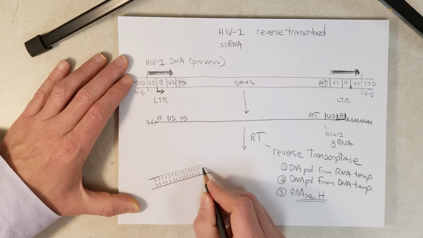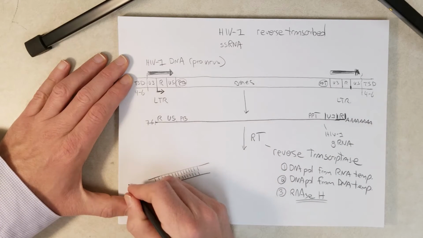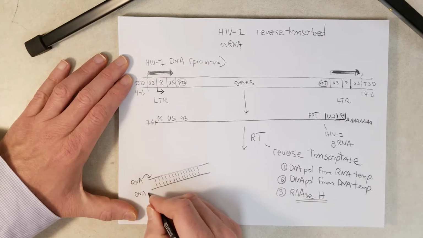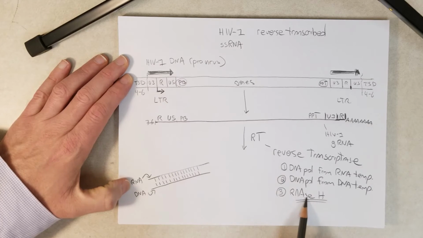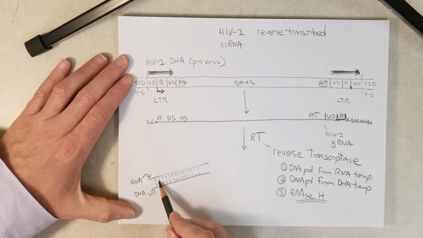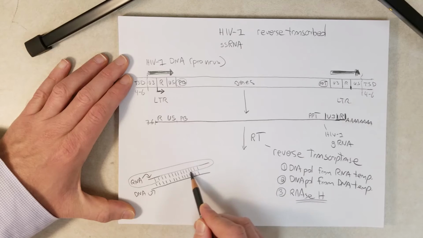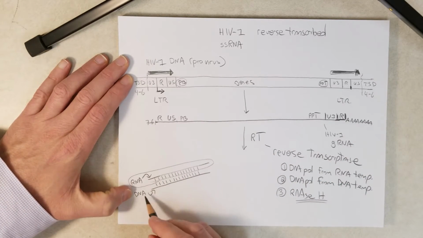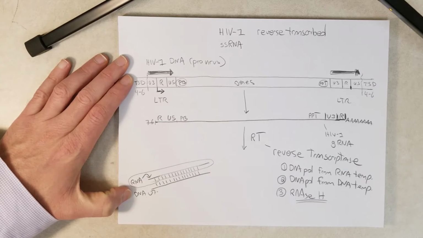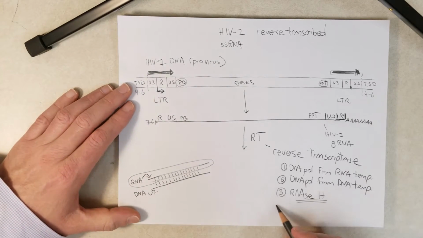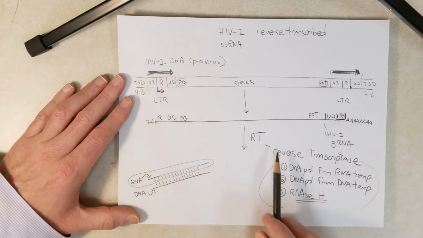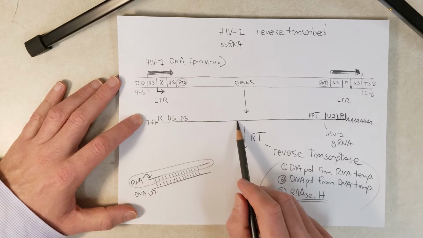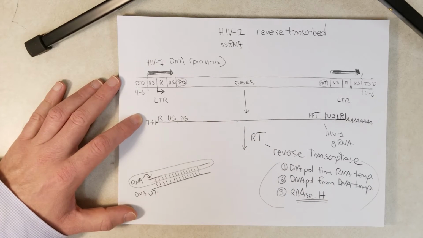So if this is a double-stranded molecule right here, if one strand is RNA and the other one is DNA, well, our RNase H activities, what they do is they remove the RNA. They just degrade the RNA into individual ribonucleotides, leaving the DNA intact. So all of these properties are going to be used by the reverse transcriptase to turn this RNA molecule into a DNA molecule that can be integrated into the genome.